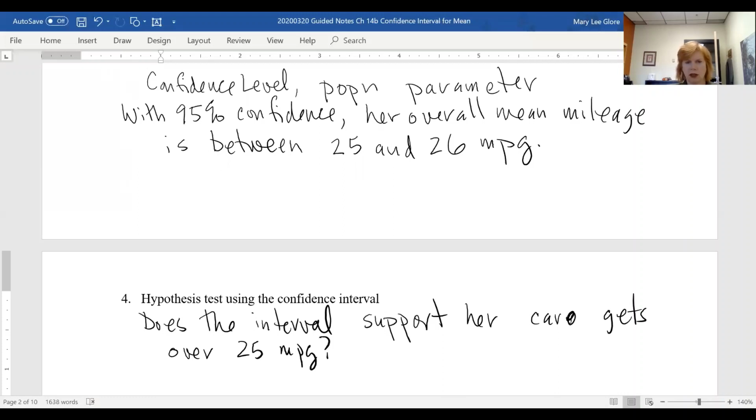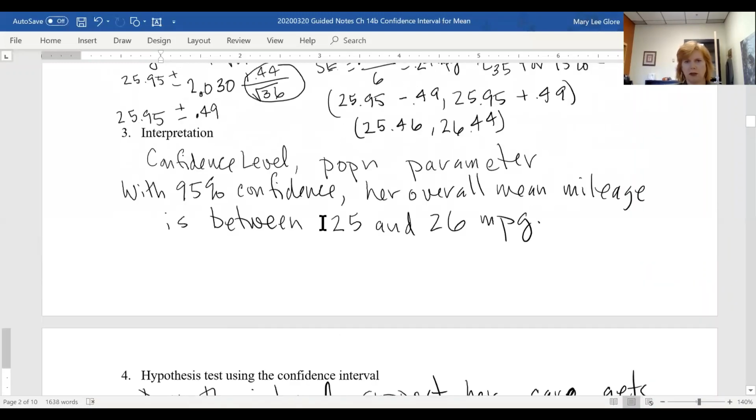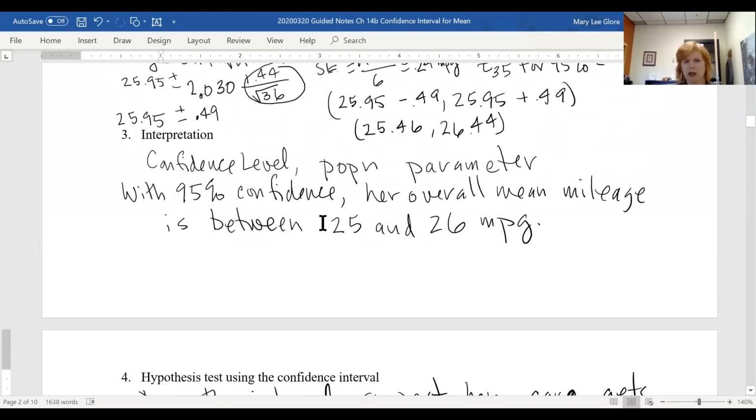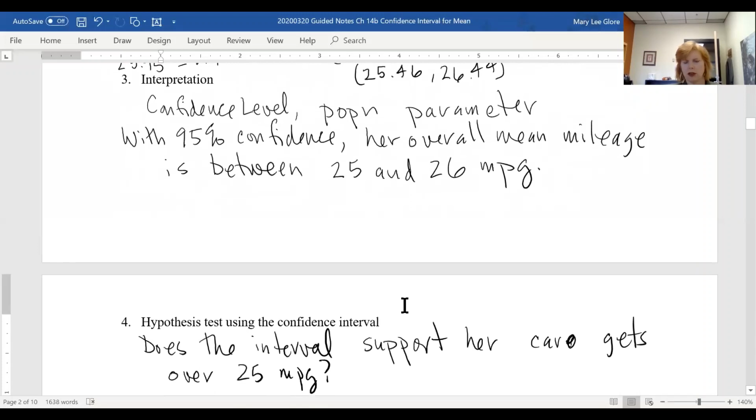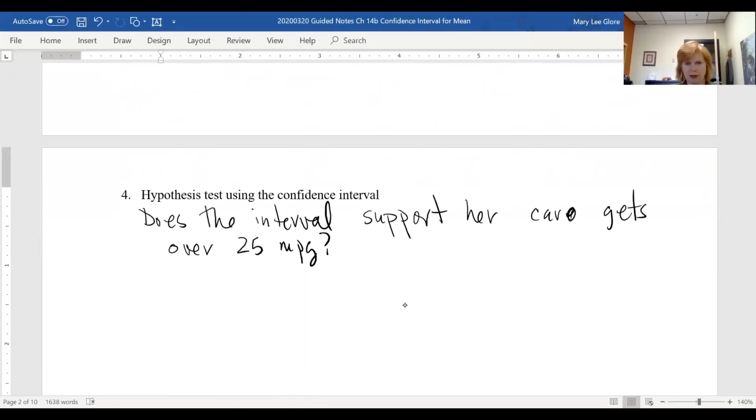All right, so let's go back and look at her interval. So we said it's between 25 and 26, but we should probably get the values. All right, so we're 95% confident that her car gets between 25 and a half and 26.4 miles per gallon. All right. So does that mean we're confident it's over 25? Well, yes, because the entire interval is over 25, right? So the answer to this question is going to be yes.